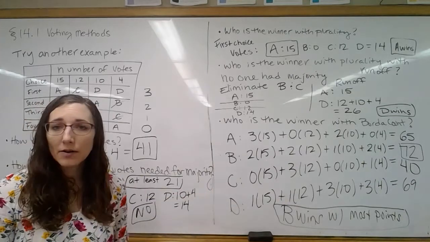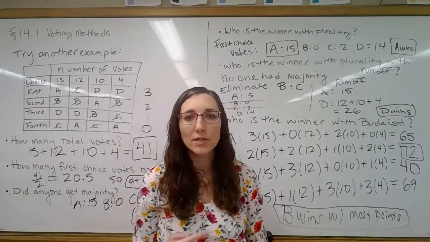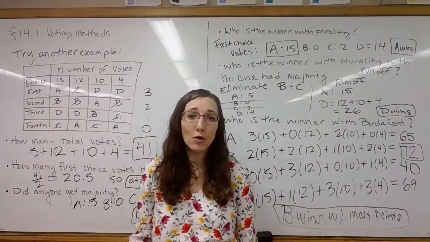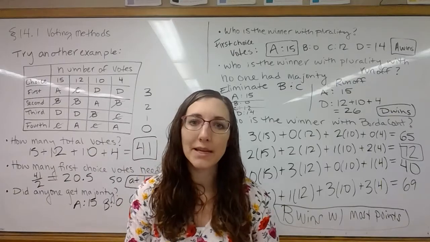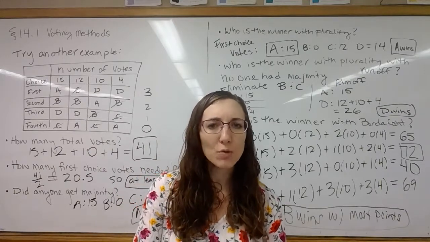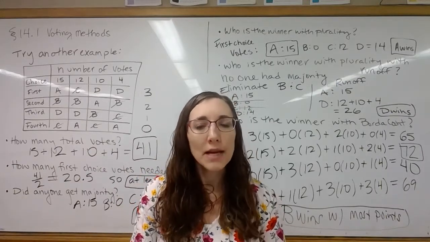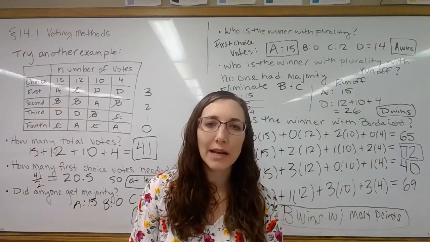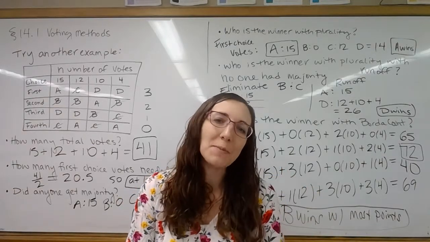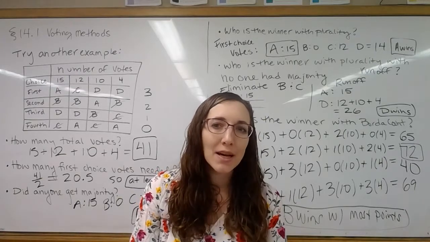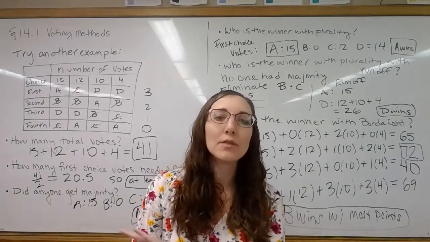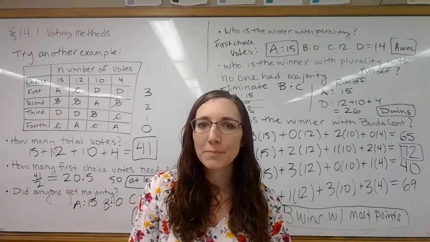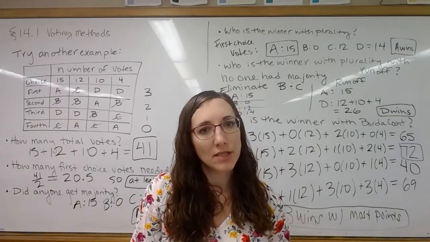Like with Borda count in this one, it's very interesting that B was the winner, but B had no first choice votes. Nobody put B at the top of their list. B was just sort of high middle on lots of people's lists. So again, you have this feeling of everybody's okay with B, but no one's excited. Literally no one had their first choice picked as the winner, which is an interesting thing.